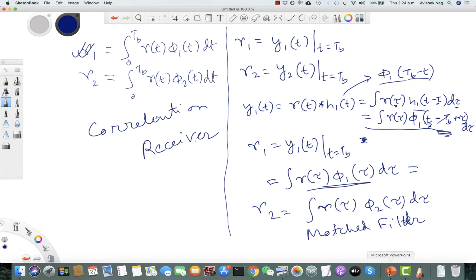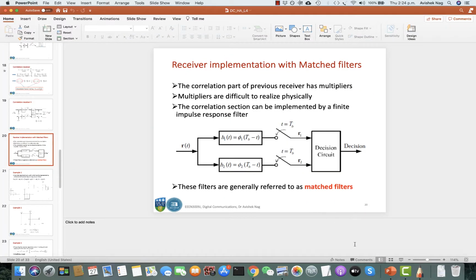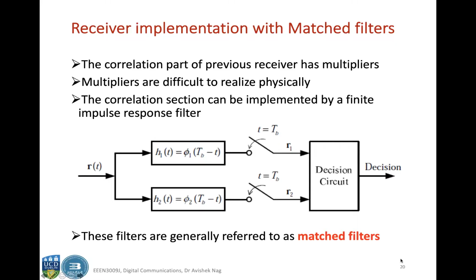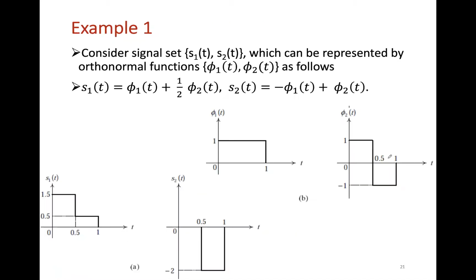So you can define the matched filter like this, and then you can have a filter that gives the same performance. You can have R1 and R2 and obtain the same result. And then you have the decision circuit as usual, where you are comparing the distances and taking the decision in favor of the minimum distance.